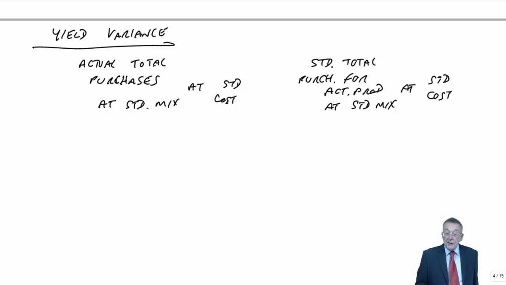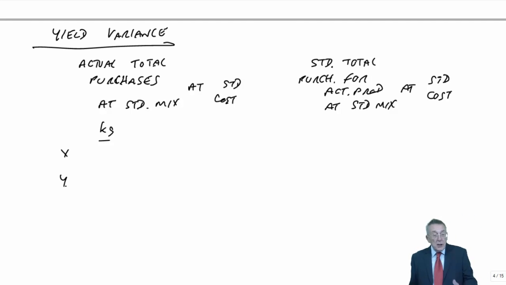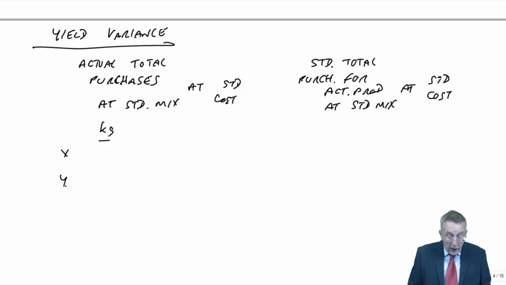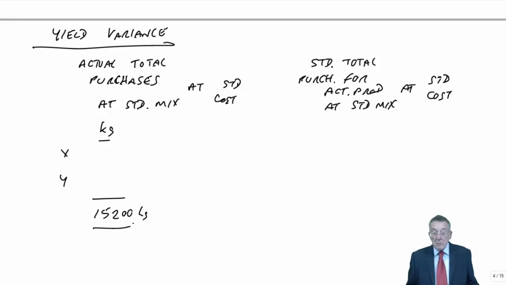Now, it's more obvious with the figures, but how many did we buy in total? What were our actual total purchases? It was 15,200 kilos. And how should we have mixed it?